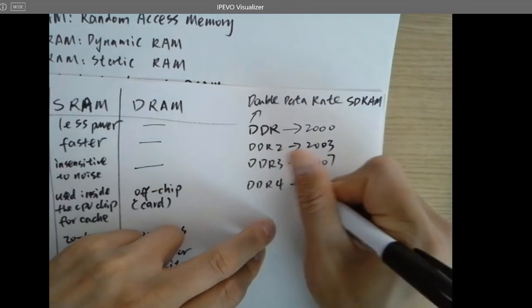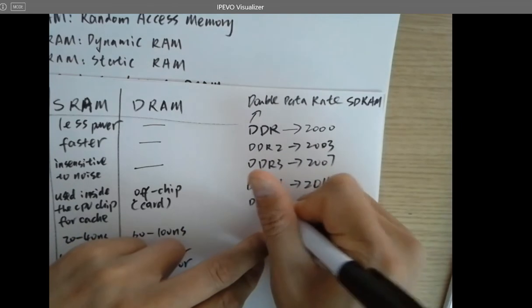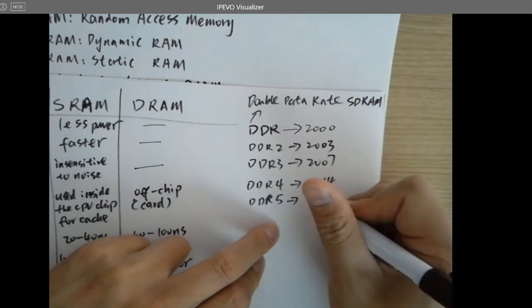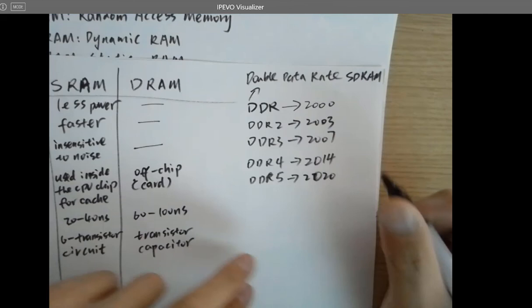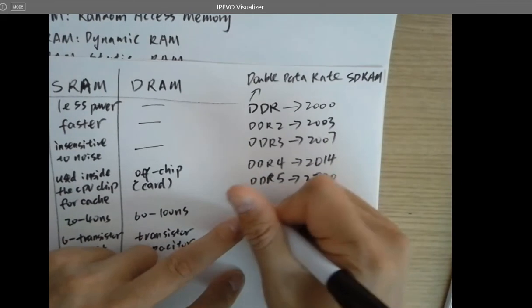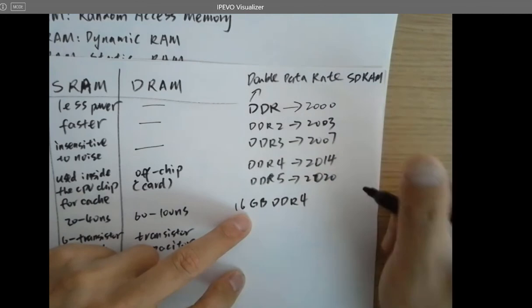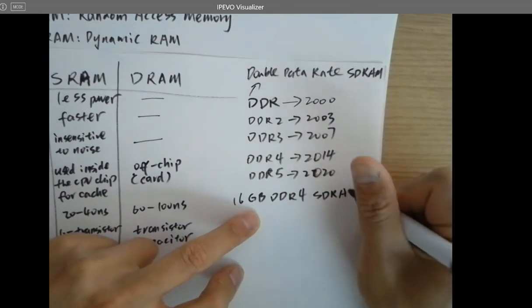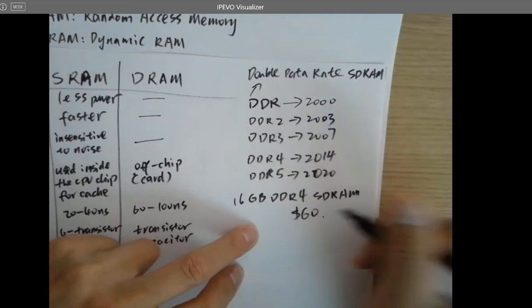DDR4 is 2014, and DDR5 is the most recent one, from 2020. For example, 16 gigabytes of DDR4 SDRAM you can order directly from Amazon. The cost is normally around $60.